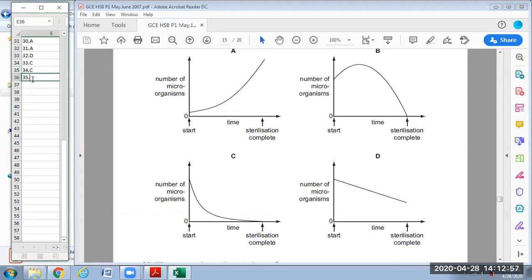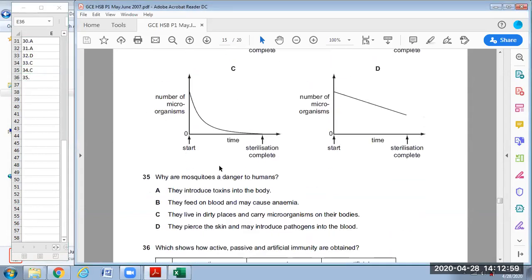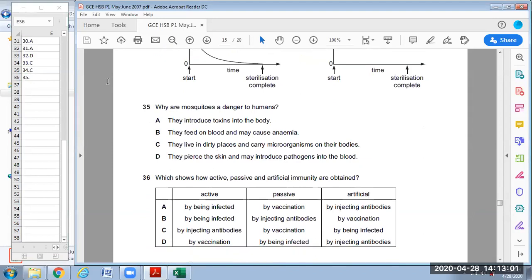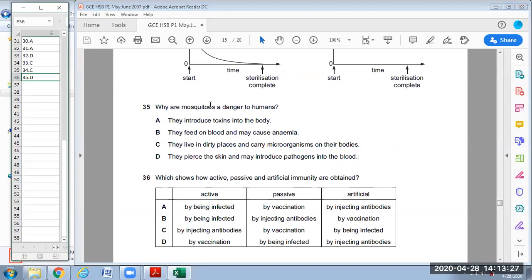35, and after 35, Sophia will read. Why are mosquitoes a danger to humans? They pierce the skin and may introduce pathogens into the blood. Now, they are what you call a vector.